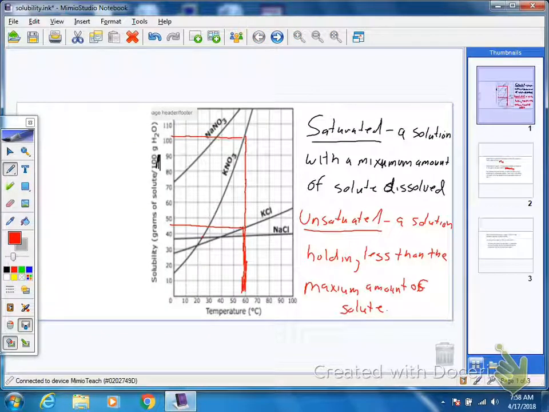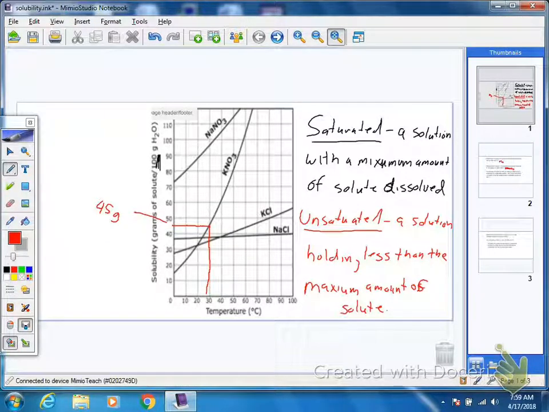So we go back to our list. And so at 30 degrees Celsius, we go up. And it's a KNO3. We go over. The maximum amount is 45 grams.